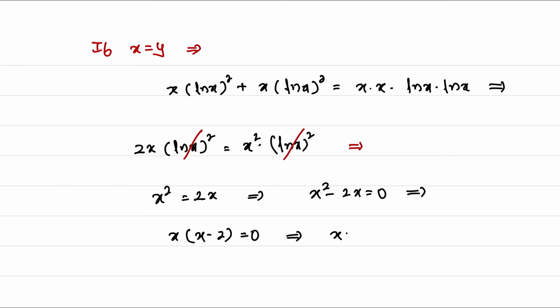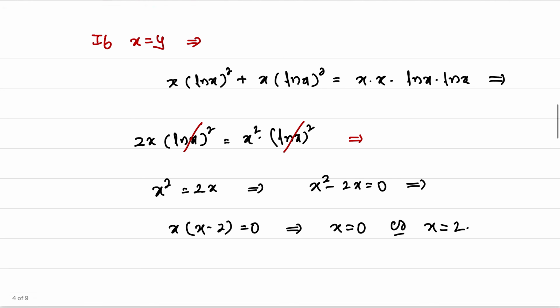That implies either x is equal to 0 or x is equal to 2. x is equal to 0 is not possible because ln 0 is undefined. x is equal to 0 is not a solution.